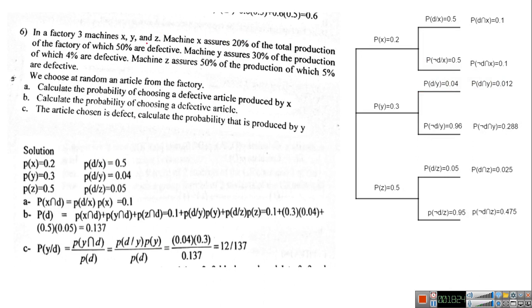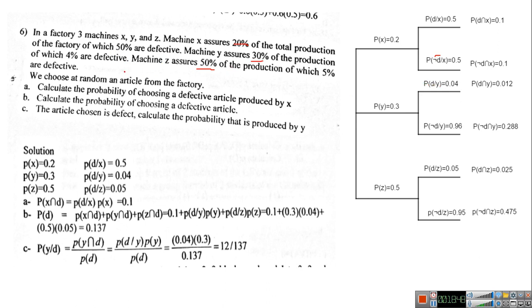Number 6. In a factory, 3 machines X, Y, Z: machine 20%, machine 30%, another one 50%. You can see 20 plus 30 plus 50 form a total probability. Knowing from machine X we have 50% defect. You know the tree table. This is the complement, D bar. I have put it like this because of the GeoGebra.